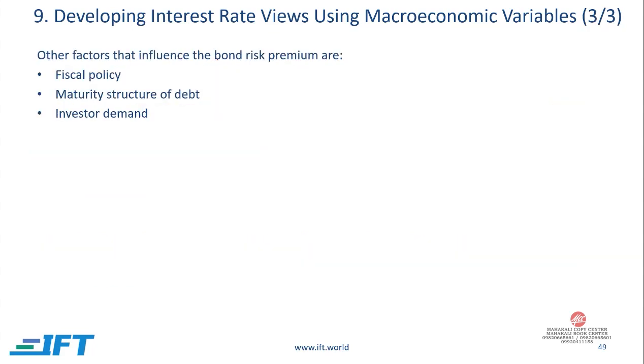There are other factors that also influence the bond risk premium, and those factors are fiscal policy, the maturity structure of debt, and investor demand. Fiscal policy, as you might recall, has to do with taxation or revenue and expenditure.